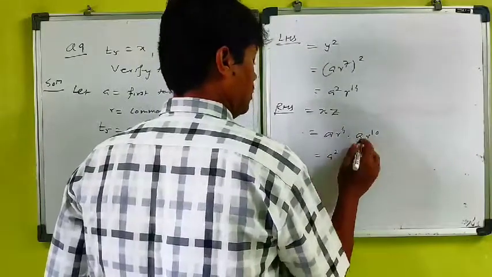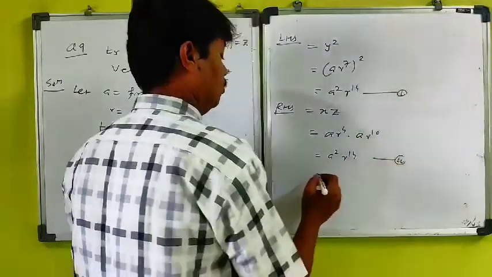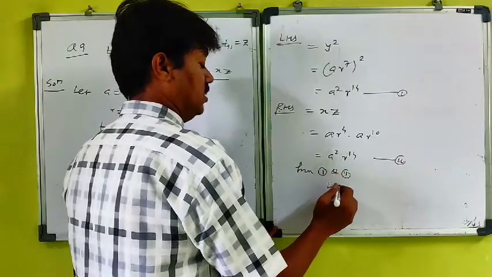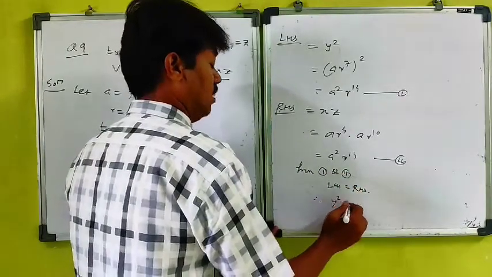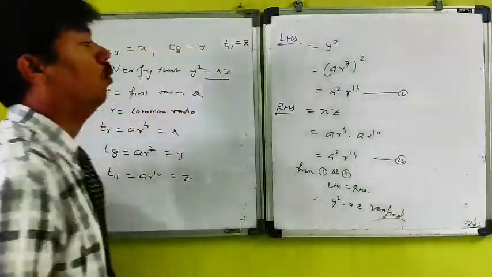So it's a square r raised to 14. Clear from this. So LHS is equal to RHS. Therefore, y square equal to xz, which is verified.